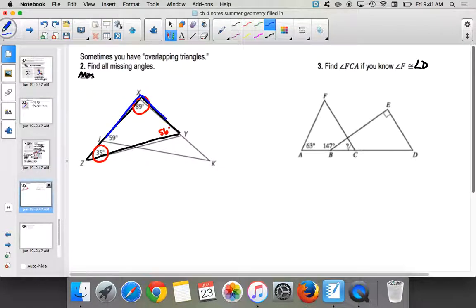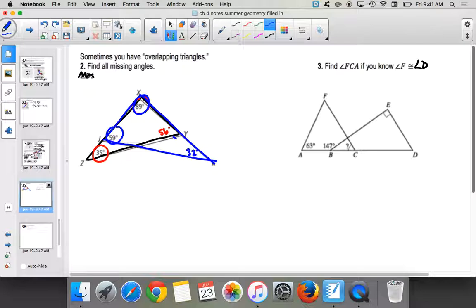All right, so let's look at another triangle. I'm going to outline this other triangle in blue. Do we have angles there? Yep, we have 89 and we have 59. Subtract from 180, and we get 32 down here. Okay, we still need lots of other things. So we want to find all the missing angles.